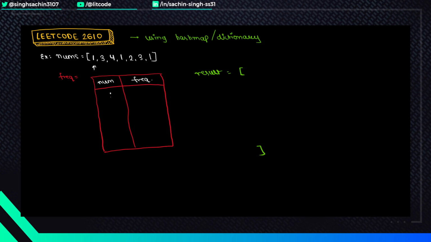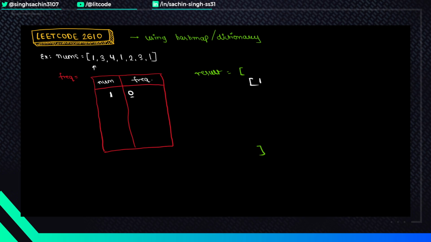If not, we will add 1 and initialize it with a 0. Okay, and as this was not present, we will check if we have a 0 index, like we have at least one element in the result or not. If not, we will create a new array, a nested array I would say, at the 0th index, and we'll add 1 in it.